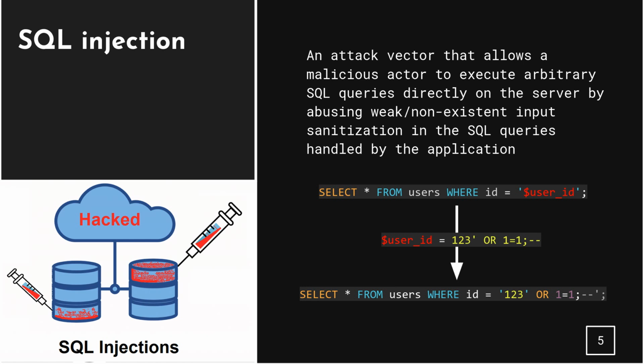They can execute any kind of query they want, whether that would be select, insert, update, delete, or any other advanced queries. And they can actually do that by exploiting the fact that the application, usually a web application, does not perform input sanitization correctly.